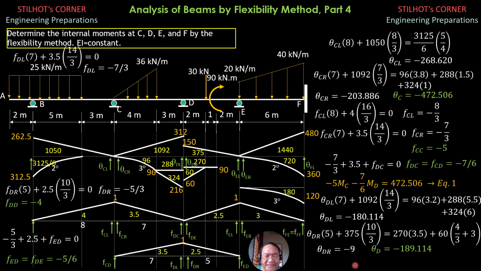We then formulate the second moment equation.